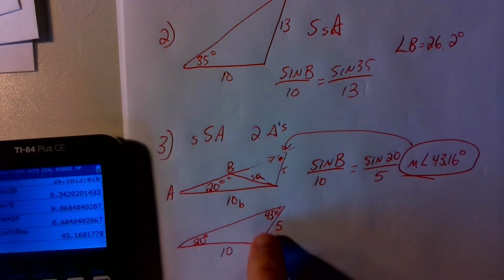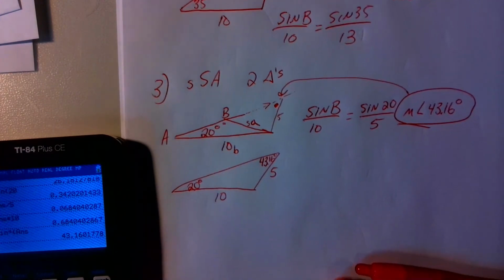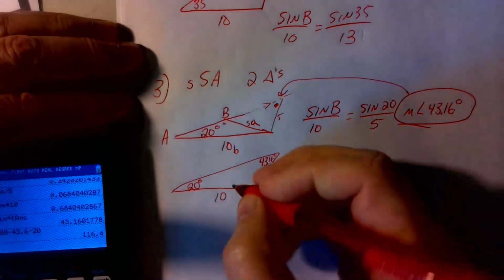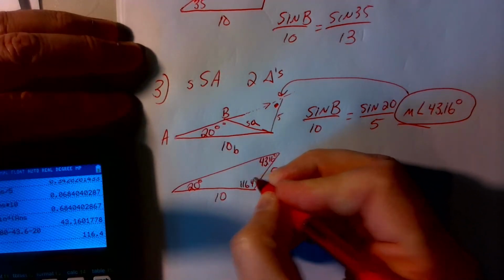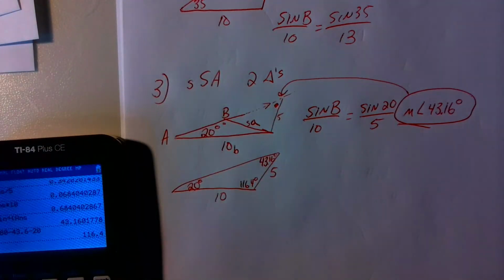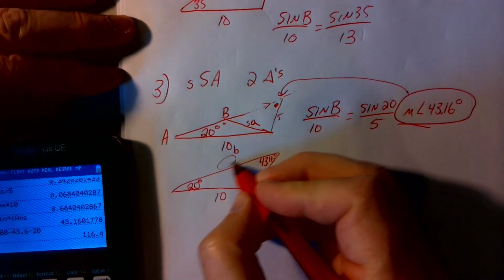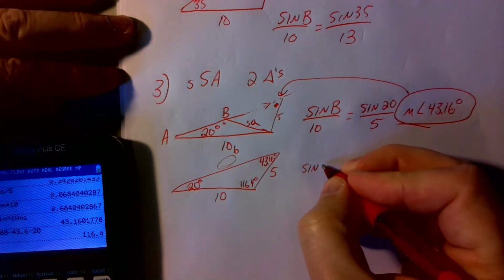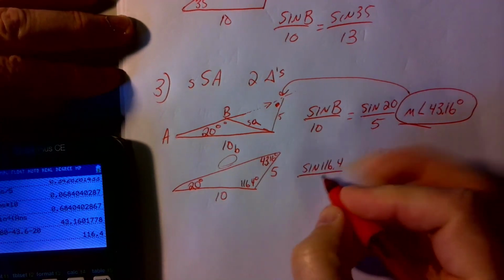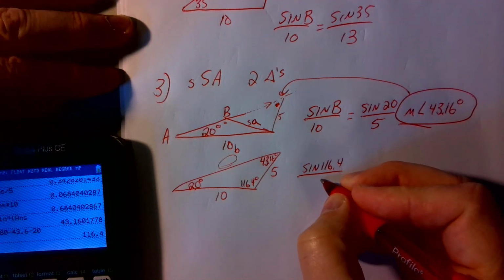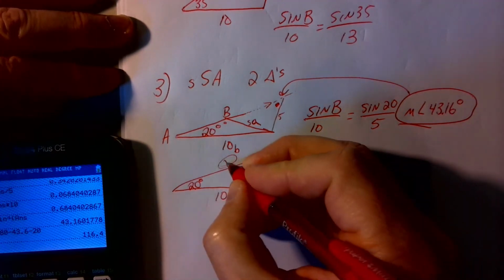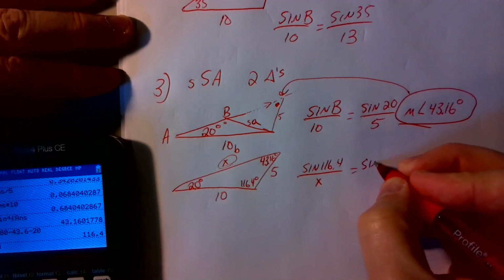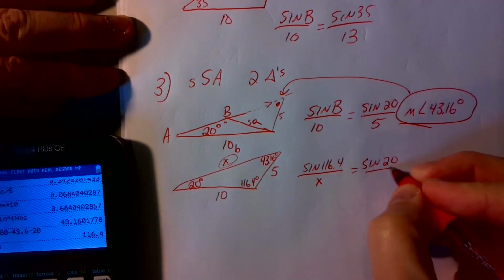So let's go ahead and find out what this missing angle is down here. 180 minus 43.16 minus 20, and you can see that this is 116.4 degrees. And then if I wanted to find my missing third side right here, I can do the sine of 116.4 over unknown angle, we'll call it x in this case, equals sine of 20 over 5.